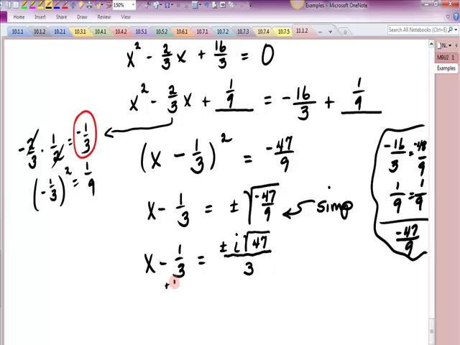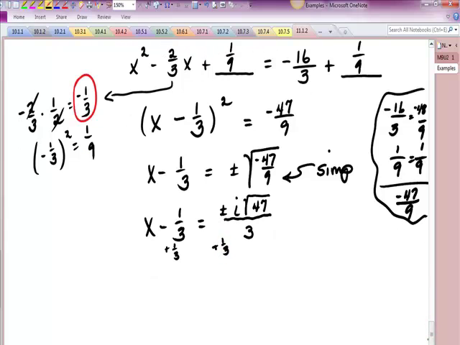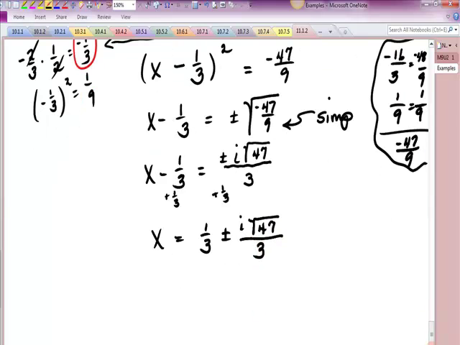Solving for x, I will add 1/3 to both sides, putting it in front. I have x is equal to 1/3 plus or minus i times the square root of 47 over 3. We have a common denominator, so x is 1 plus or minus i times the square root of 47 all over 3.